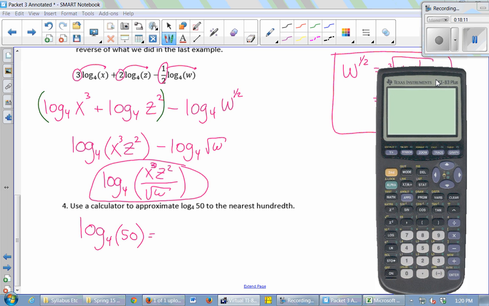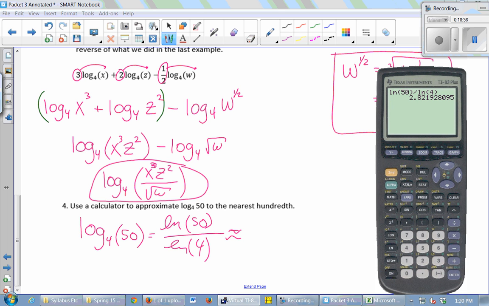I can get my calculator to tell me exactly by doing a different base, ln 50 over ln 4. Right? Or I could have used log. It doesn't matter. You can choose any base you want. So ln 50 divided by ln 4, about 2.82.